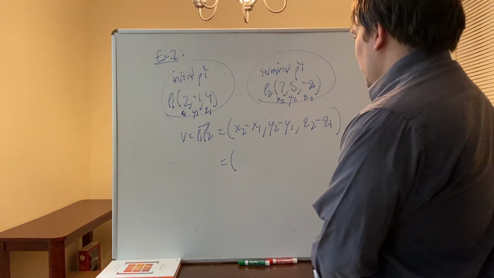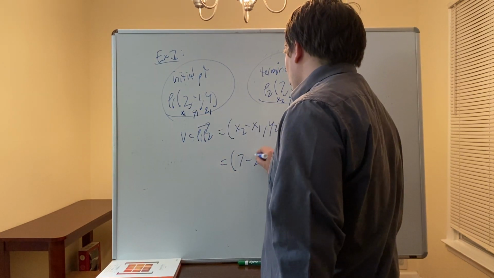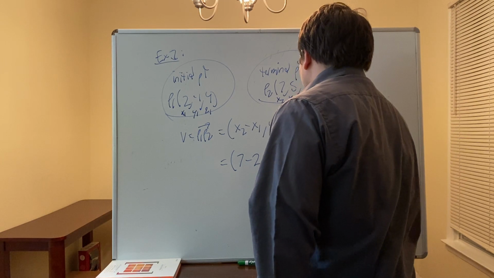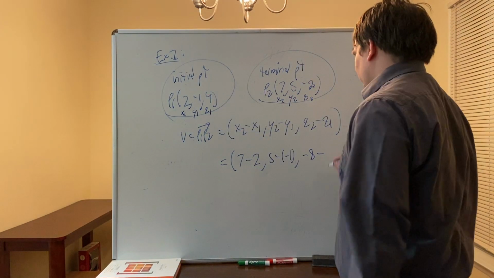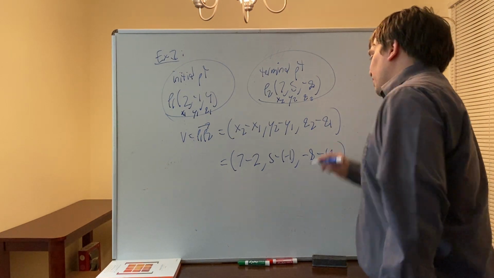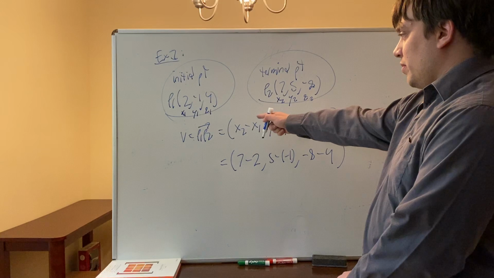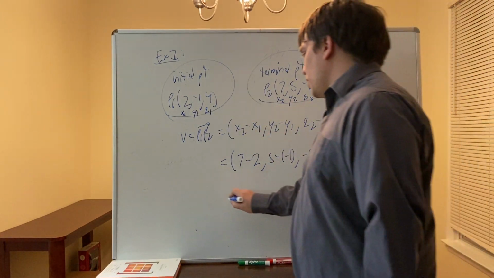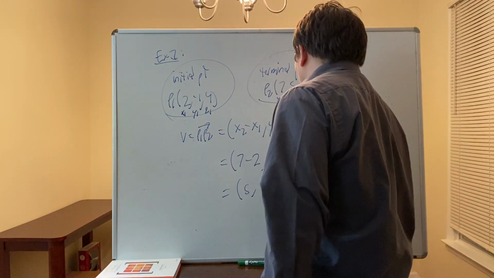So now here we go. We have x2, which is 7, minus x1, which is 2, comma, 5 minus negative 1, comma, negative 8 minus 4. Okay? So you just plug in the values of these 6 things, and then you get 5, 6, negative 12.